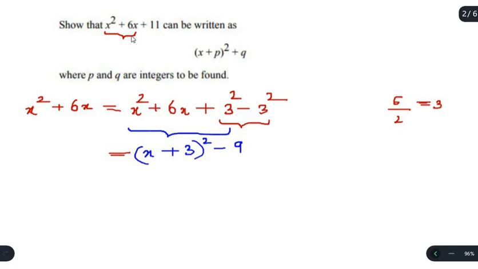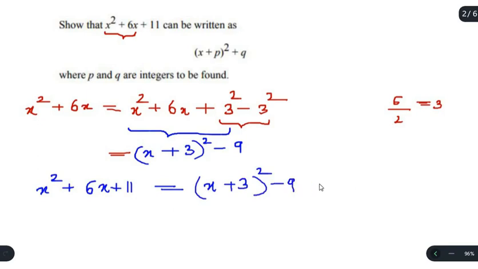Now coming back to the question, we had taken only x squared plus 6x from the expression. Now let us take the entire expression, that is x squared plus 6x plus 11. Now x squared plus 6x, we had got as (x plus 3) the whole term squared minus 9.